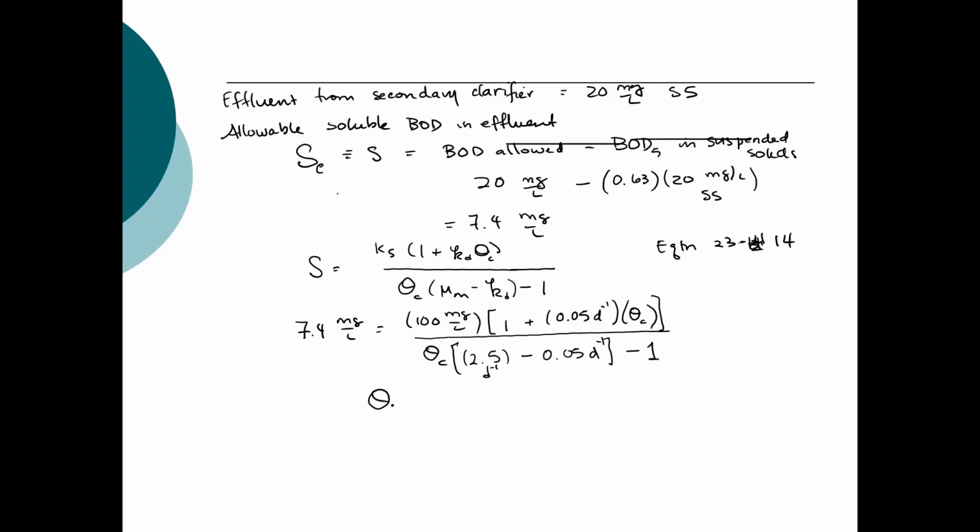And when we solve, the mean cell residence time is equal to 8.18 days. And this should be between 4 and 15 days, so we're right within range.